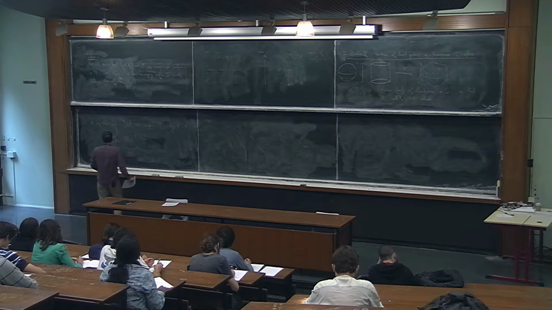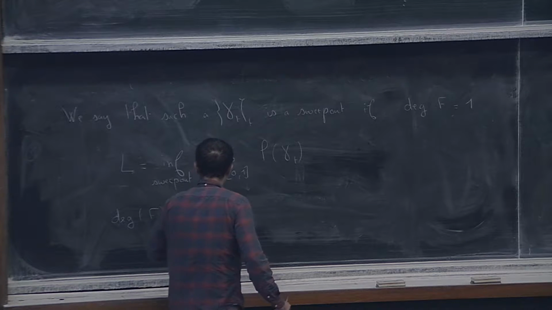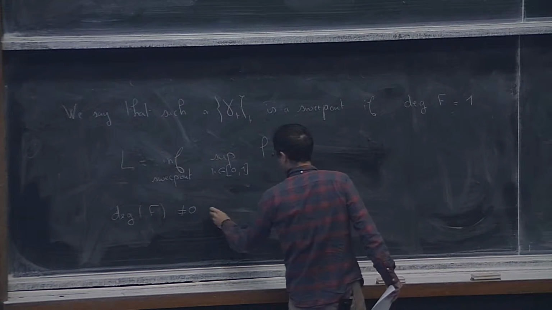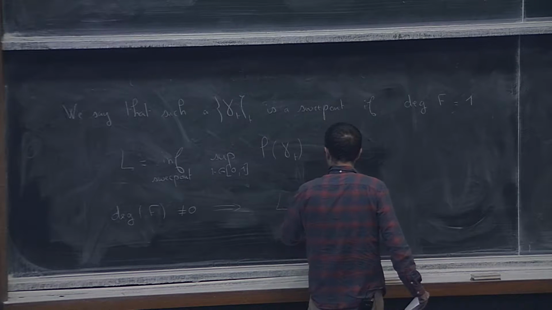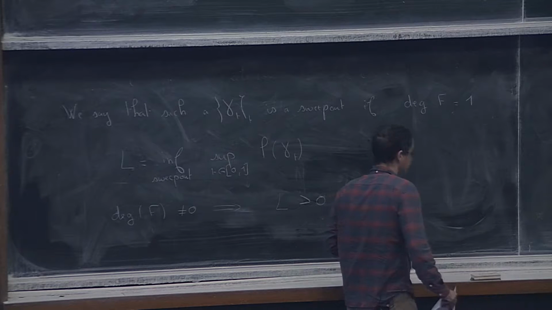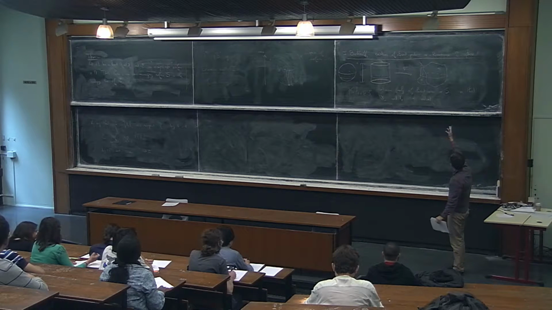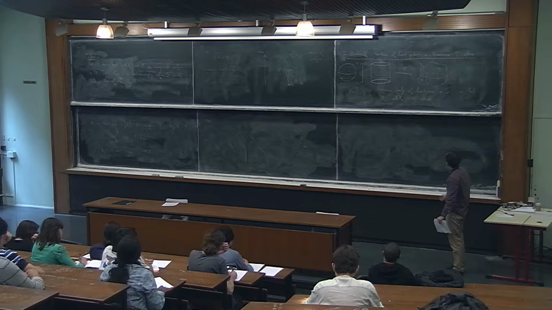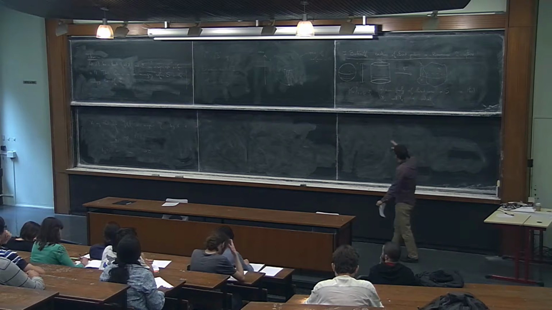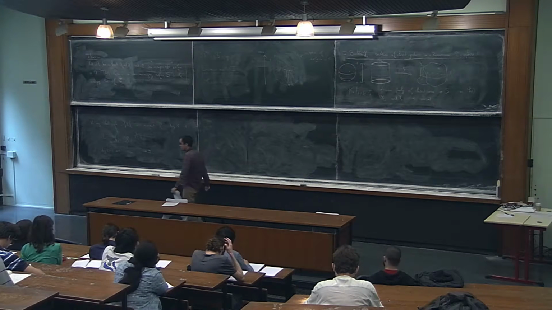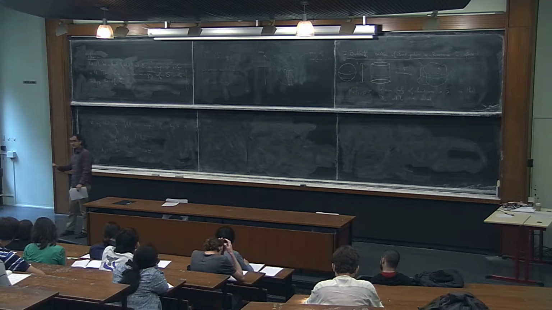The thing is that first, because the degree of F is not equal to 0, this hypothesis, you can prove that L is positive. So you think a bit about this. If all the curves are short, for example, say less than the injectivity radius of this Riemannian surface, then you can contract inside a geodesic disk all these curves to one point.